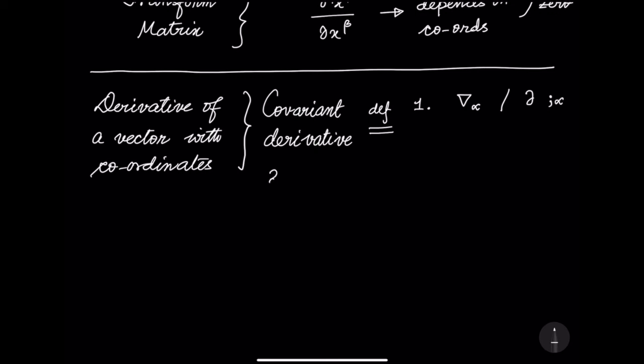Remember that the derivative of a scalar changes a scalar, which is a 0 0 tensor, to a one-form, which is 0 1. So here also we will expect that it changes an m n tensor to a form which is m n plus 1. This is how we will construct it. Then it has to be a tensor.